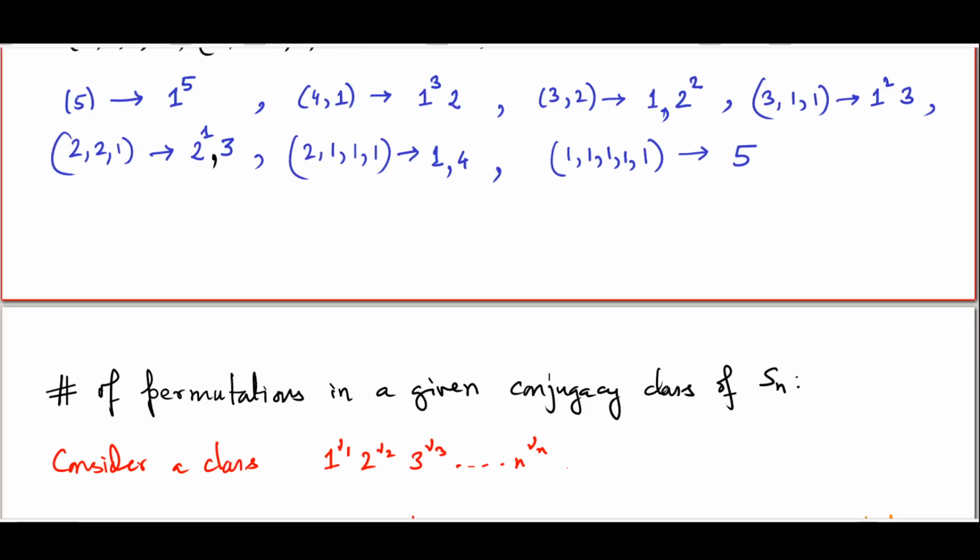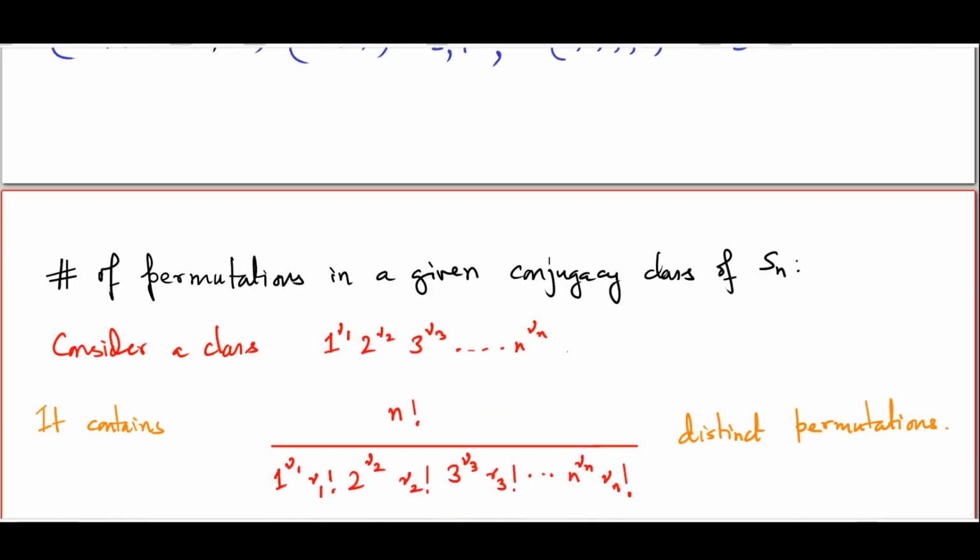So, for the conjugacy class which has nu1 1-cycles, nu2 2-cycles, nu3 3-cycles and so on, the number of distinct permutations in that class is given by the following formula. n factorial divided by 1 to the power nu1 times nu1 factorial, 2 to the power nu2 times nu2 factorial, 3 to the nu3 times nu3 factorial, all the way up to n to the power nu_n times nu_n factorial.